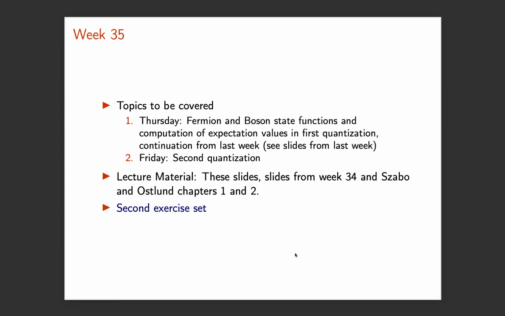If I say number representation, or Fock space representation, these are typical names which I think are more precise. But you will also hear me say second quantization, because that's established in the literature. If you've taken a course in quantum field theory, you have probably encountered the so-called creation and annihilation operators.